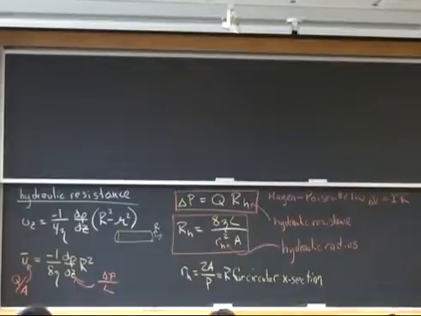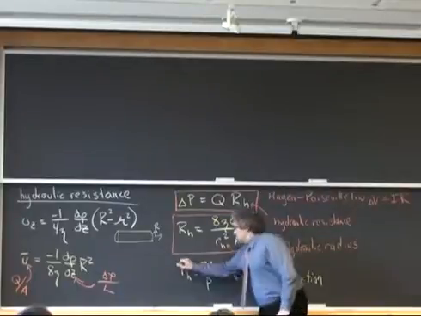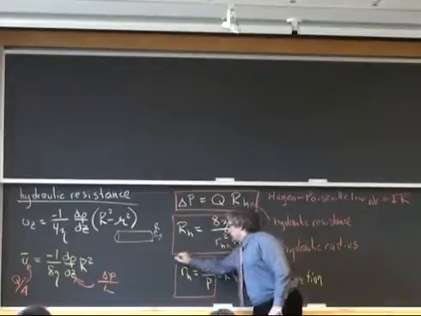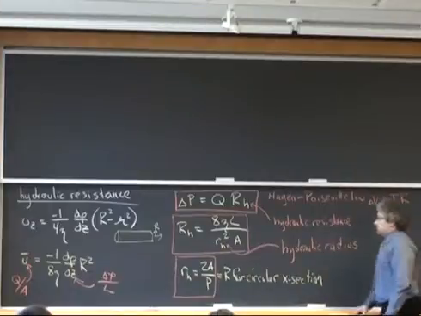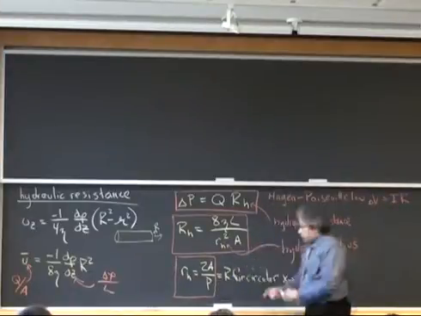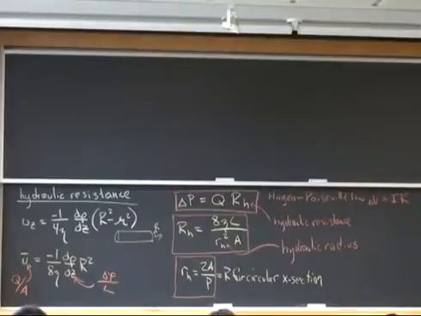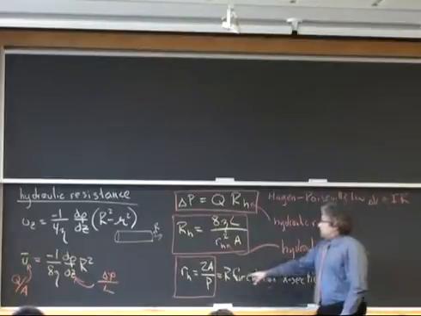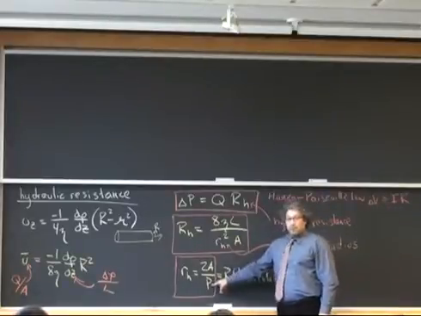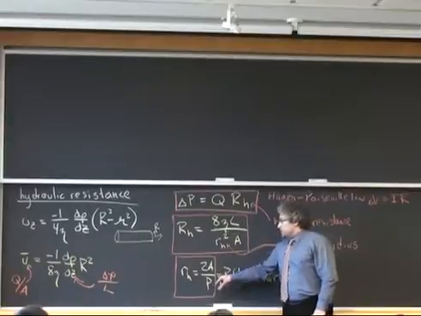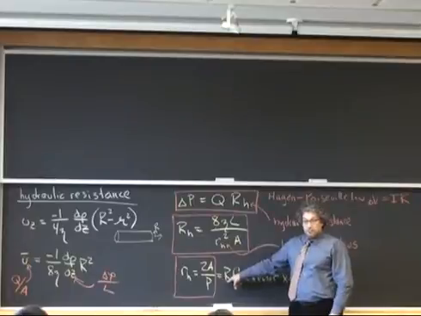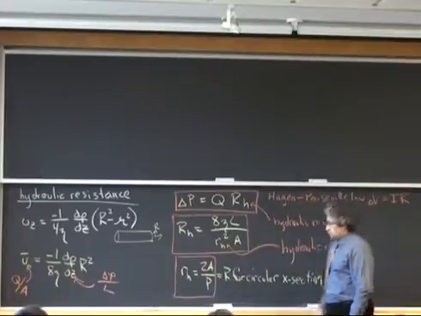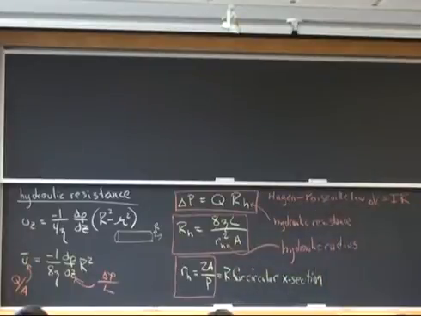And our definition of this hydraulic radius is that it's given by 2 times the cross-sectional area divided by the wetted perimeter, so the perimeter of the outside of this channel. Now, if you work things out, if you take an area of pi r squared and you divide by a perimeter of 2 pi r, you'll see that if you have a circular cross-section, this hydraulic radius is exactly equal to the radius of that circular cross-section. So for a circular cross-section, everything works out perfectly.